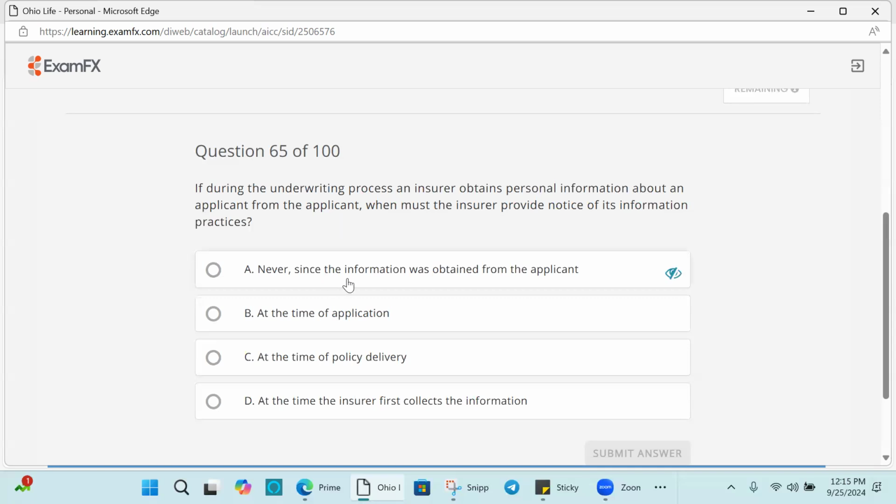Never, since information is obtained from the applicant; at the time of application; at the time of policy delivery; or at the time the insurer first collects the information. I'll say that one.